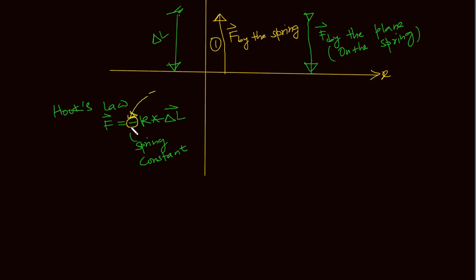So you see here that this negative sign tells you that F by the spring is equal to minus K multiplied with delta L.